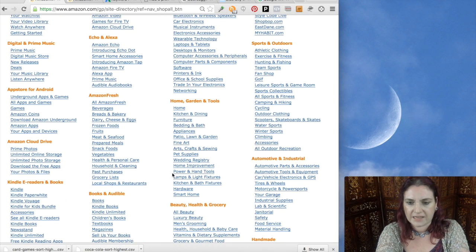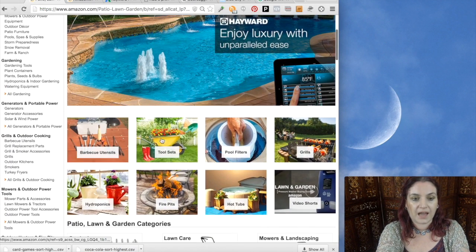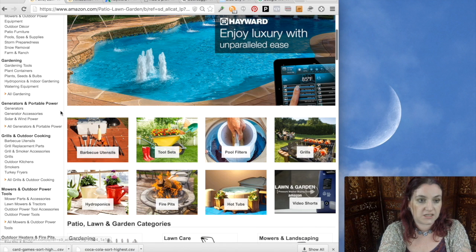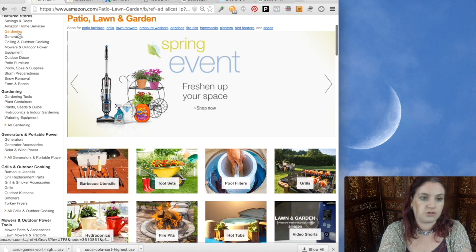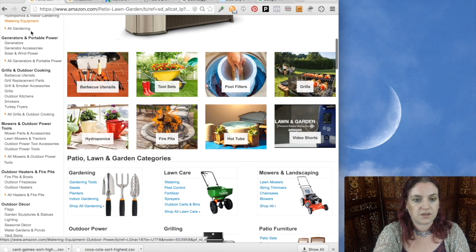So if I wanted like a yard decoration, I might go down to home, garden tools, patio, lawn and garden. I click there, and I can either browse from the pictures, the images, or by dropping down through these browse nodes at the side. So I can do that.